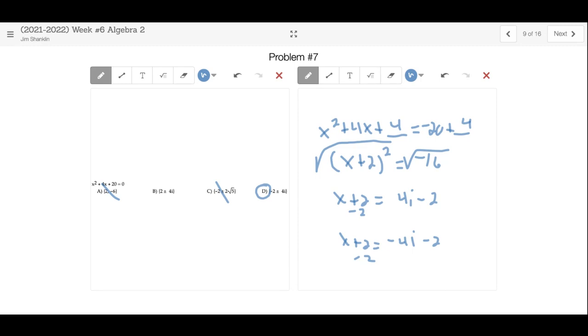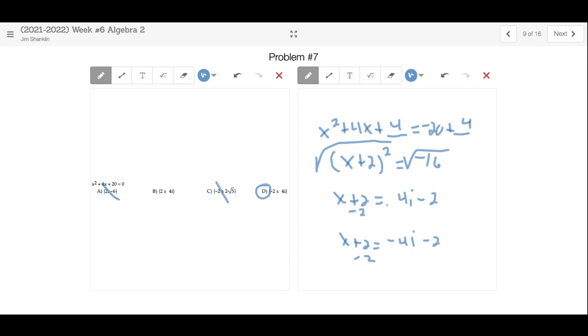I feel like you didn't write something down on this problem. To me, these would be my steps. Because I took the square root of x plus 2, I end up with 4i.